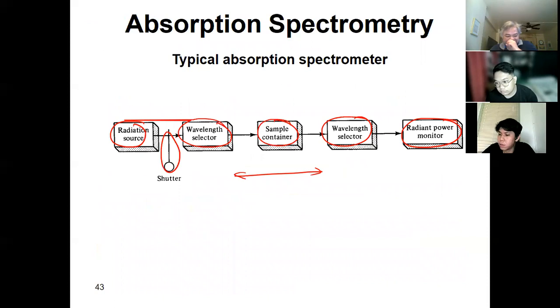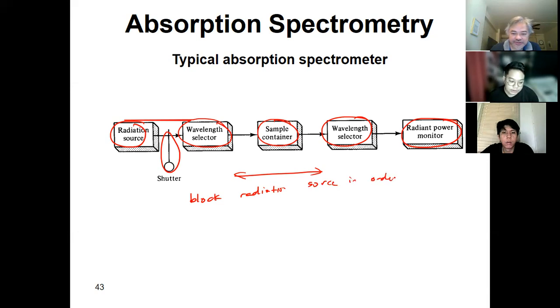Okay. Now, the shutter, what do you think the shutter does? What is the use of the shutter? None, because that's what's different from the earlier ones. Okay? What the shutter does is it allows the user to block the radiation source in order to obtain the dark signal.